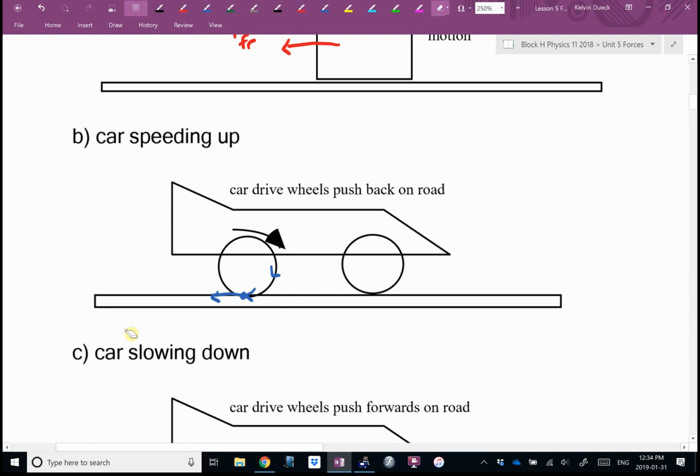What does the road do? Apply a forwards force to the tires. So in this situation, friction is pushing the car forwards, not backwards, not slowing it down. And it's because if you zoom in, the tires are actually trying to push backwards, and so the road pushes forwards. It's actually the opposite of this picture right here.